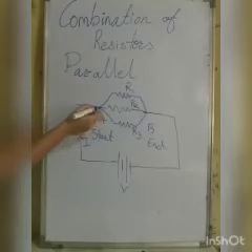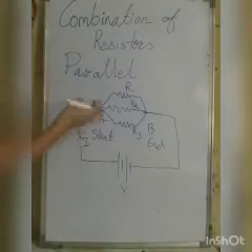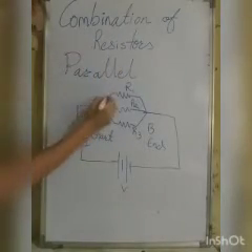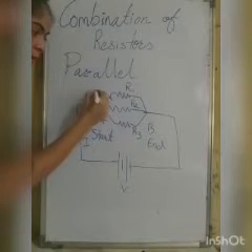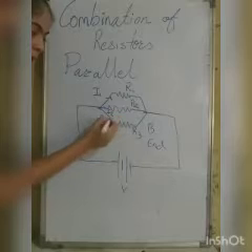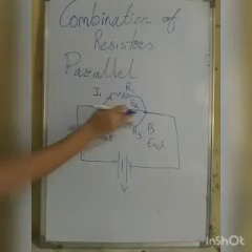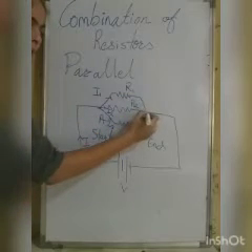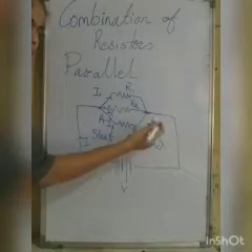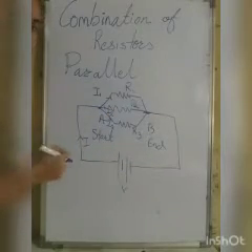It is not that it will go through one path and the other 2 will be left. It has to flow through all the 3 paths, so it will get divided into 3: I1, I2 and I3. Then it will flow through R1, R2 and R3. And after coming to point B, it will again get added up and come back to the circuit.